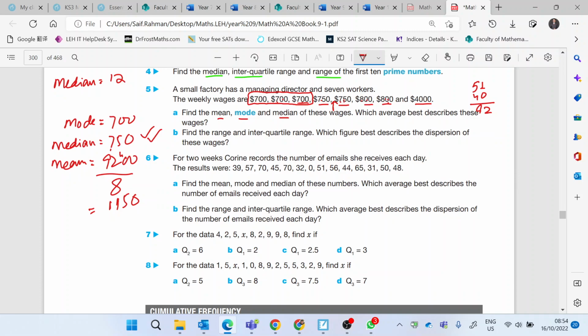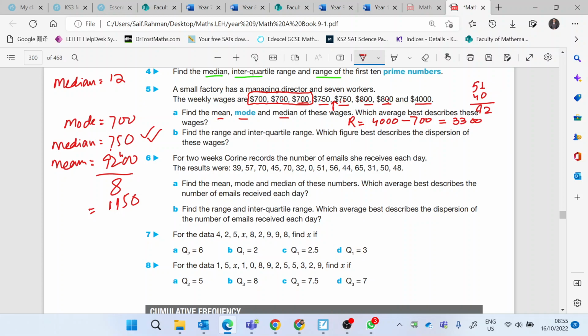Find the range and interquartile range: which figure best describes the dispersion of the wages? So how the wages are dispersed. If you find the range, it is 4,000 minus 700, and that will give you 3,300.